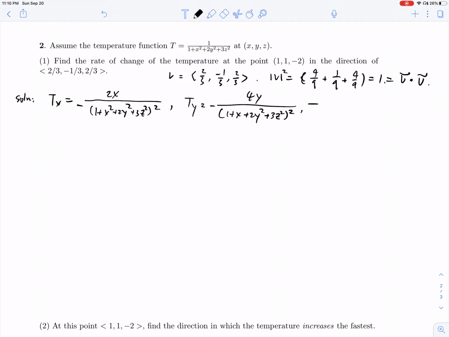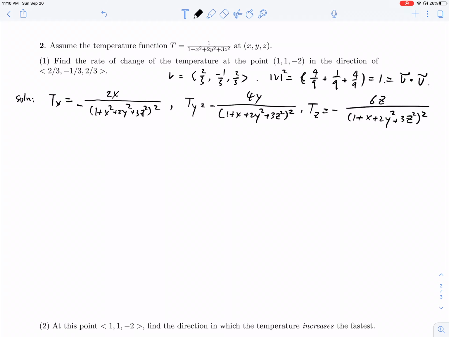And the third one, t_z, is going to be negative, the same denominator, (1 + x² + 2y² + 3z²)², and then we have 6z over here.